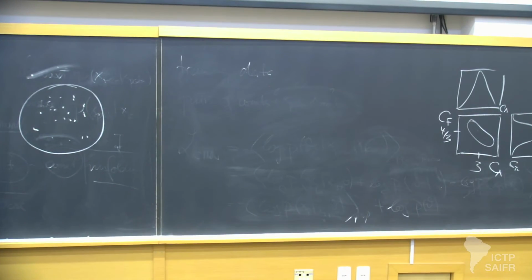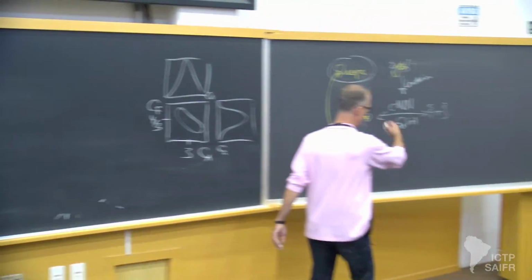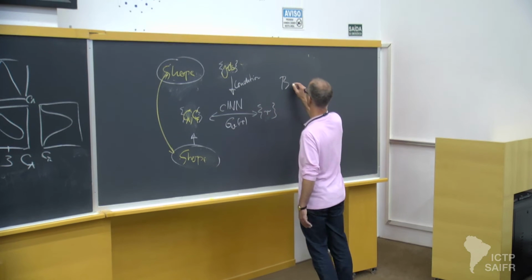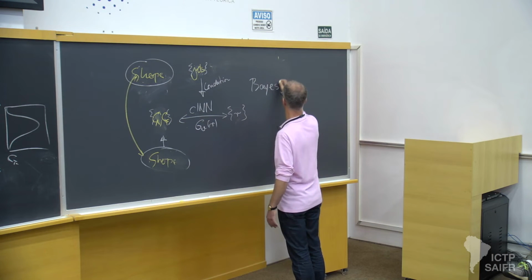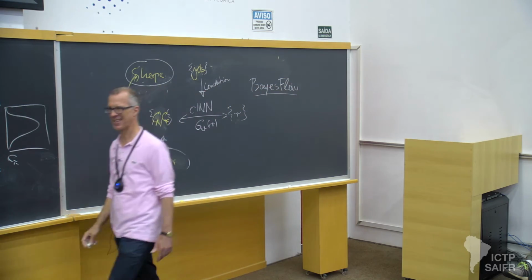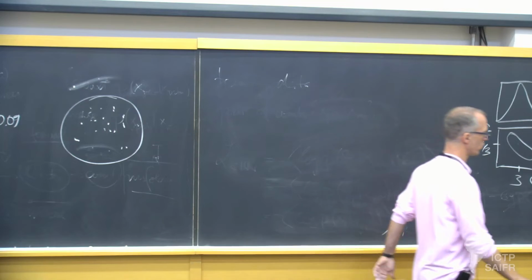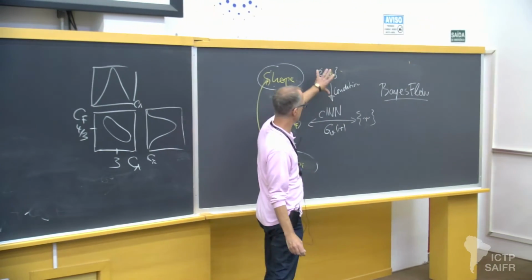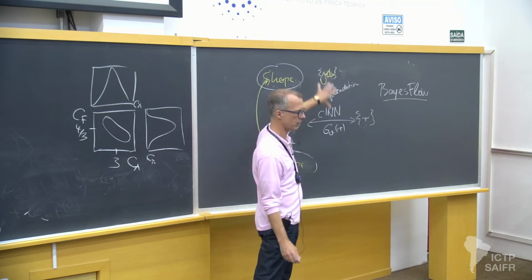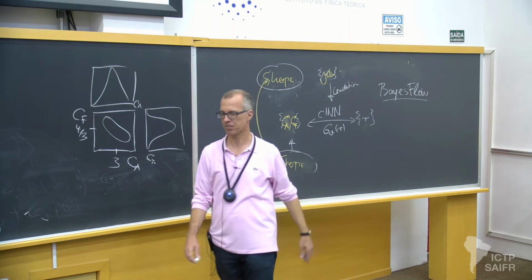Now, in our case, this architecture has a name. It's called BayesFlow. And for once, this is actually Bayesian. Why is it Bayesian? Because I told you that you're training your network on pairs of events, or here it would be jets and model parameters, right?